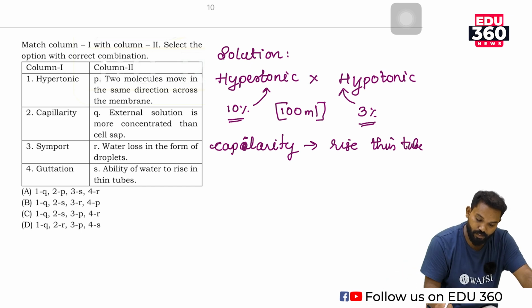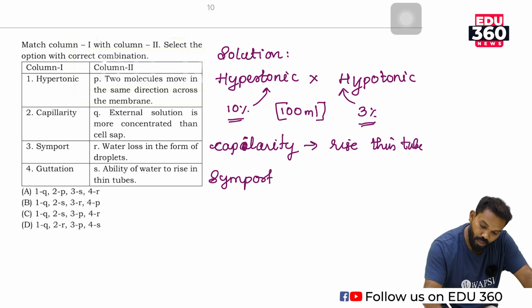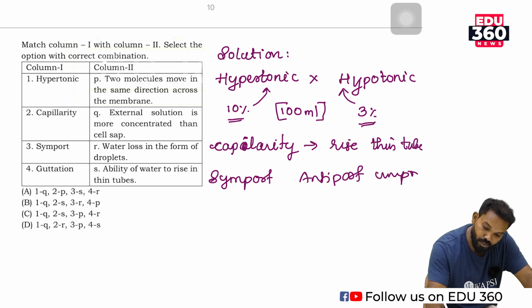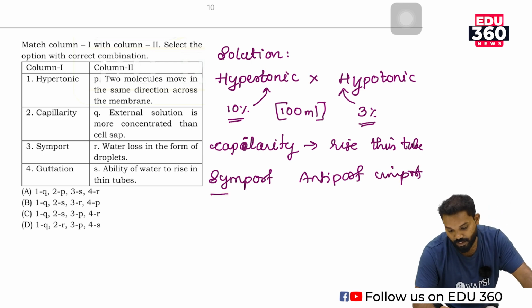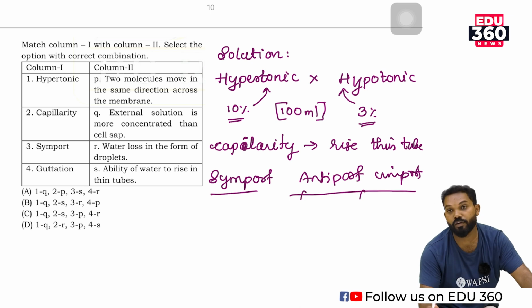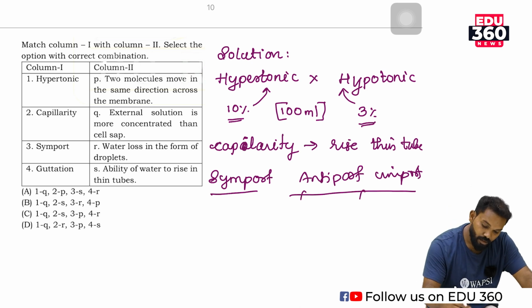Then symport, antiport, and uniport. These three processes are passive transportation through a membrane.